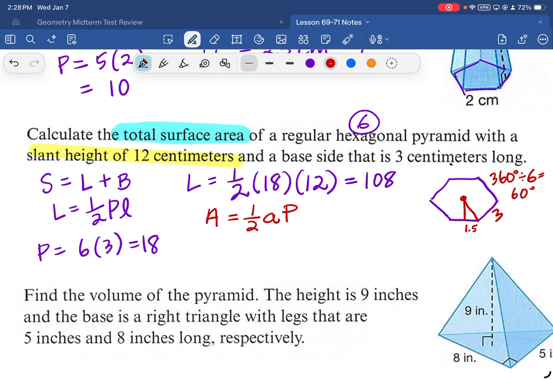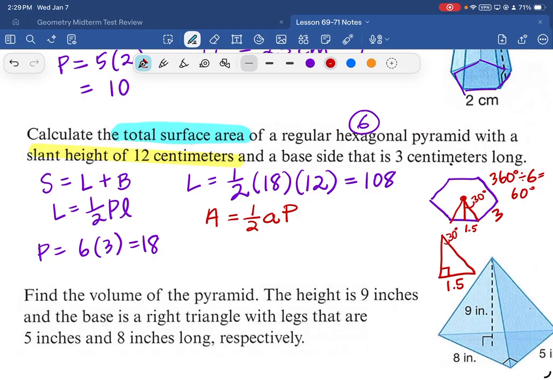So that must mean that this is 30 degrees because that's 60 in half. Because the whole thing is 60, half of that's 30. Okay, so let me take this out so you can have a better look. And then this is 30 degrees.